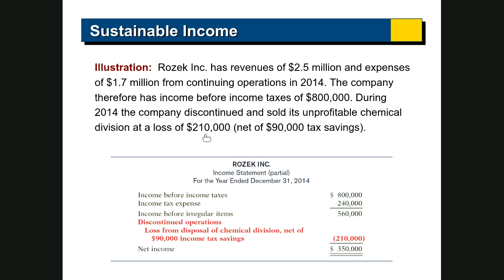I have $10,000 income, the tax is 10%, so my tax is going to be 1,000. Clear? Very simple. Let's say I have a $1,000 loss, right? $1,000 loss from a discontinued operation.